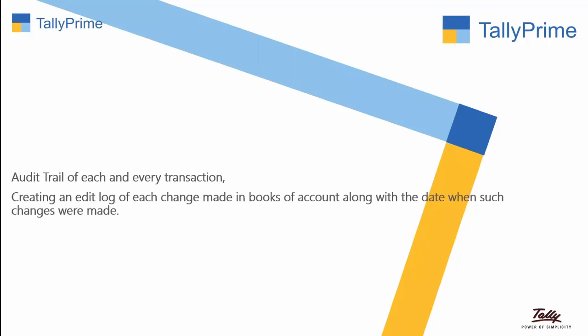With this trail, the expectation is that any change made in the books of accounts, along with the date of such change, has to be visible, and, this is the most critical point, ensuring that the audit trail cannot be disabled.